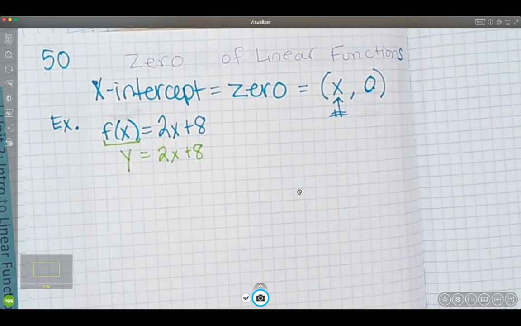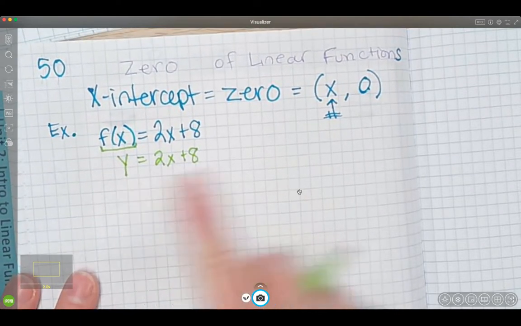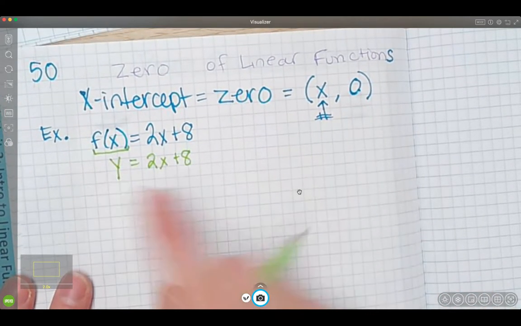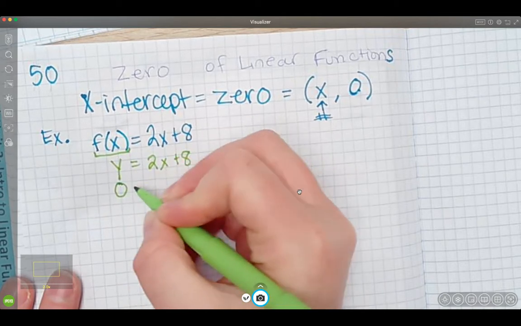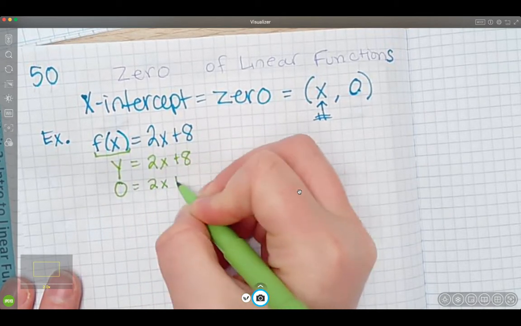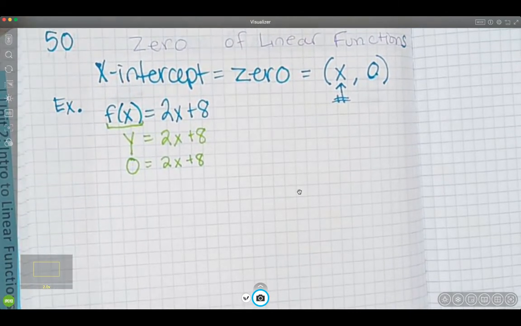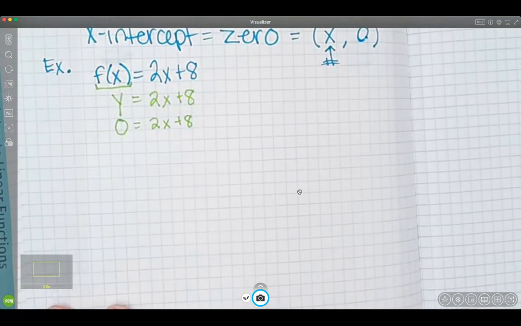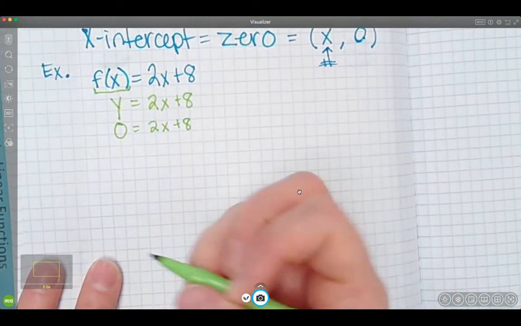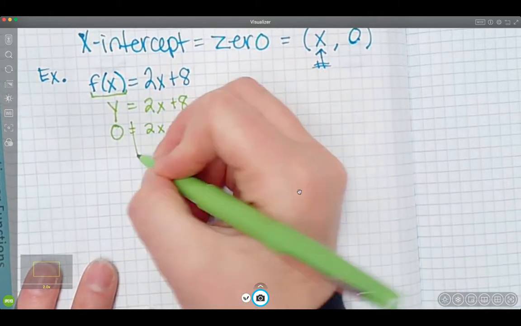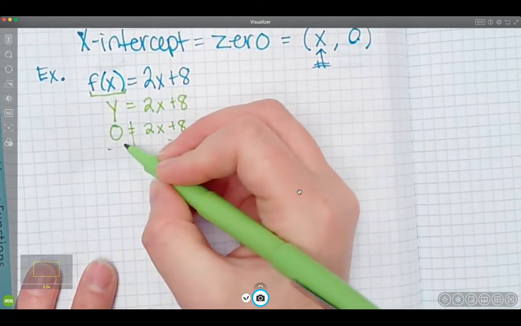So whenever I want to find the zero of the function, that means I want 0 to be in the place of y. So to find out what x equals when y equals 0, we're going to solve for x.